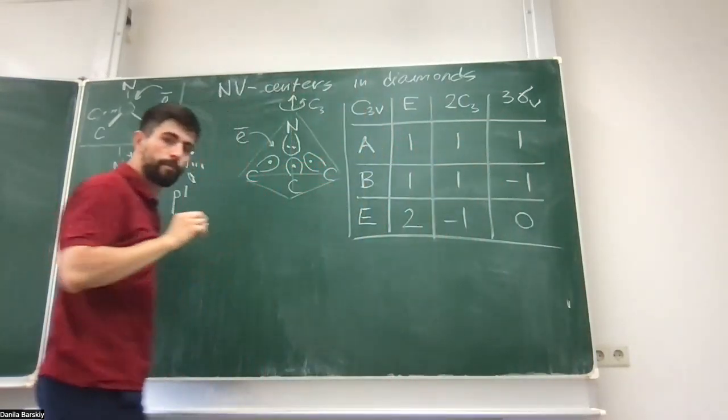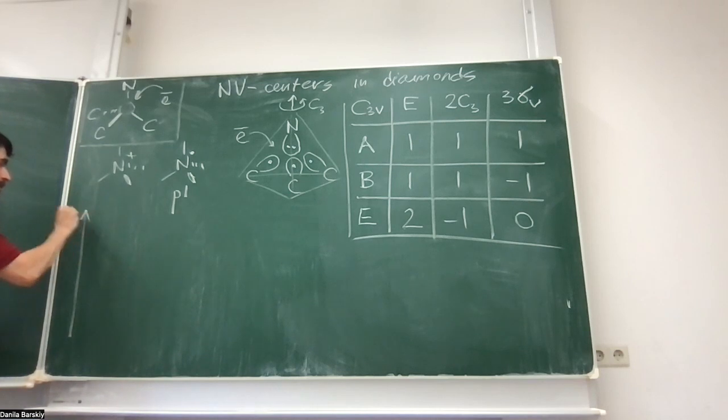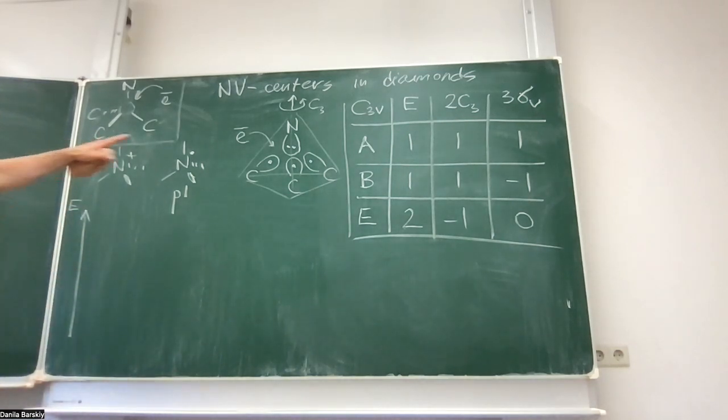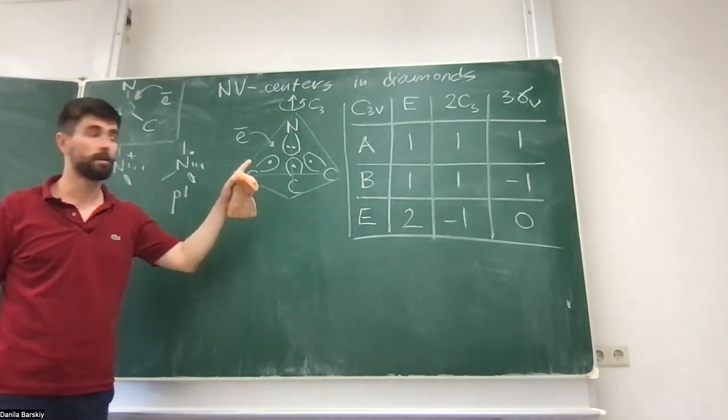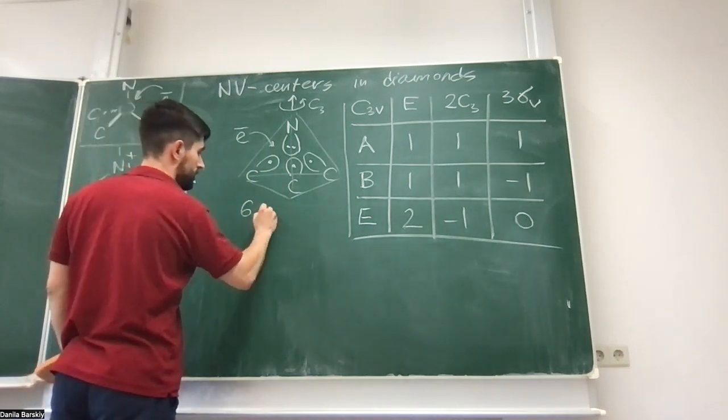So yeah, what's the purpose of this whole exercise? The purpose is to derive and to understand how the electronic structure will look like, where the electrons are going to be located. So in total, how many electrons do we have? 1, 2, 3, 4, 5, 6 electrons. 6 electrons.